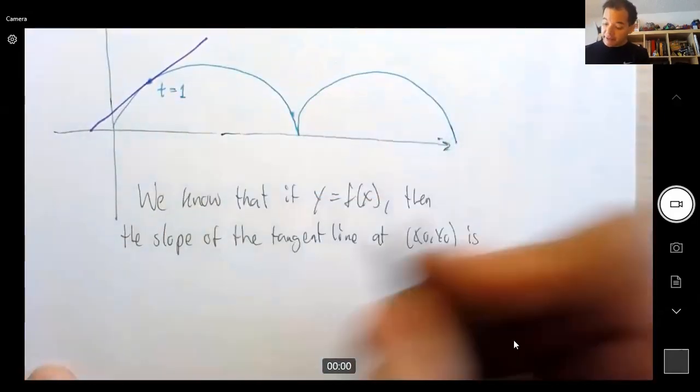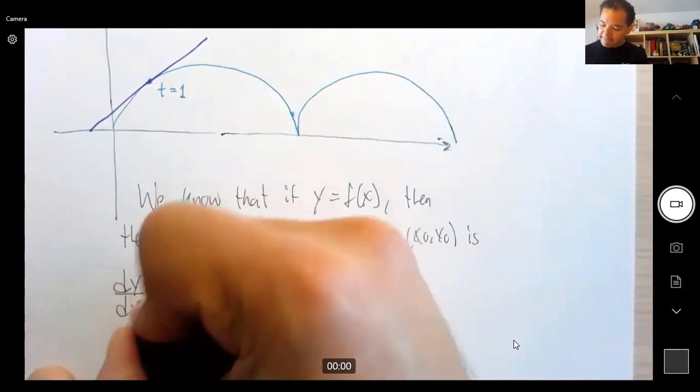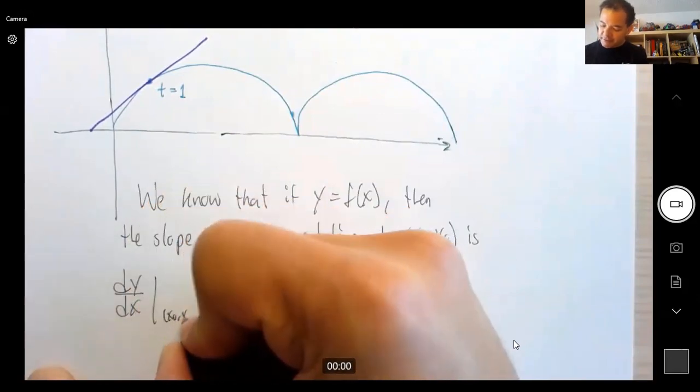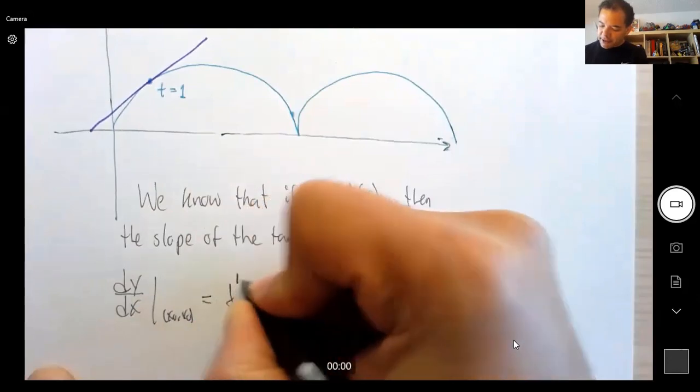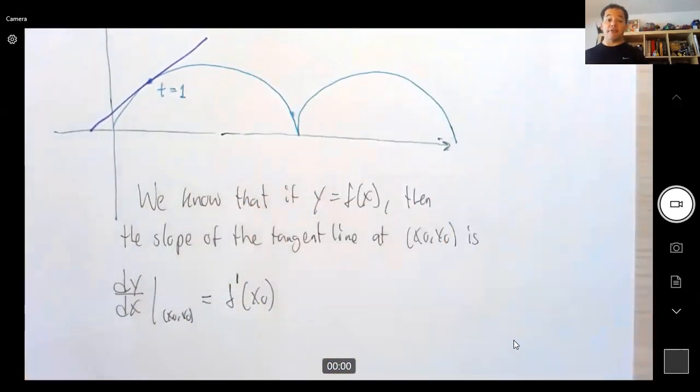The derivative, right? Let me write it like this, dy dx at x0, y0, or f prime when you plug in x0. This is the derivative.